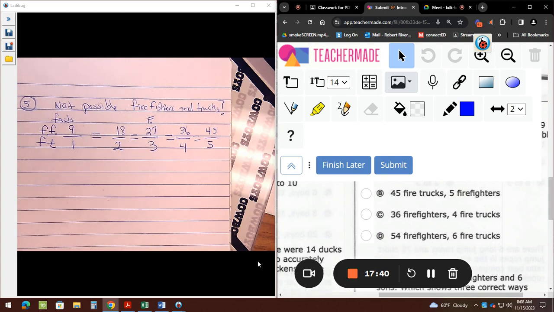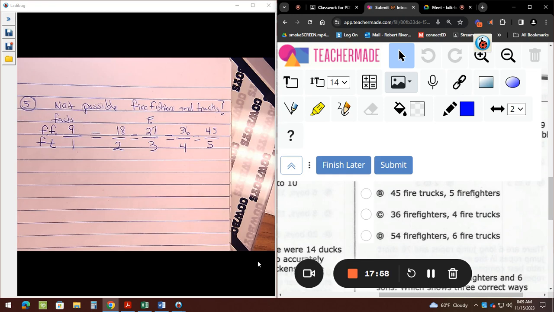That letter B is possible. It says 45 fire what? And our 45 is what? Firefighters. So is letter B possible? No. You can't just go with numbers.